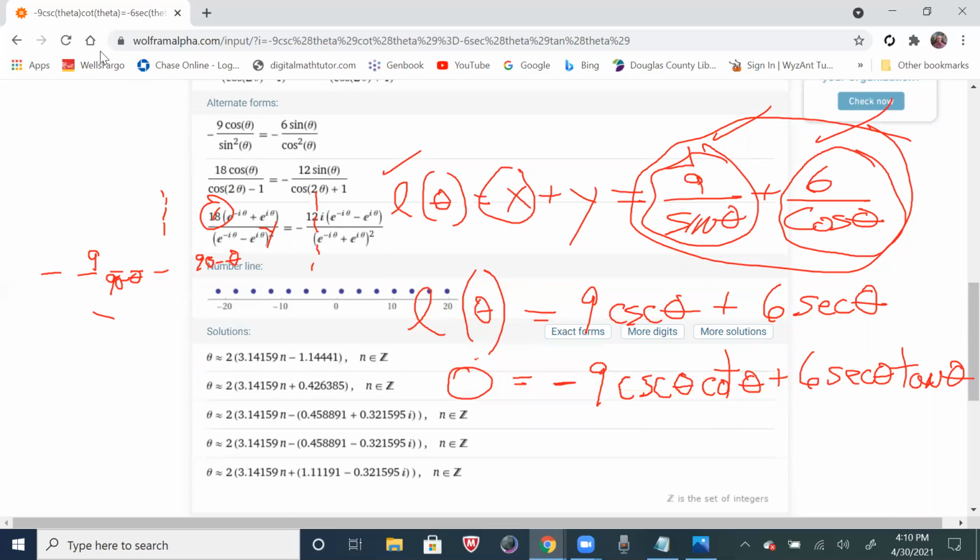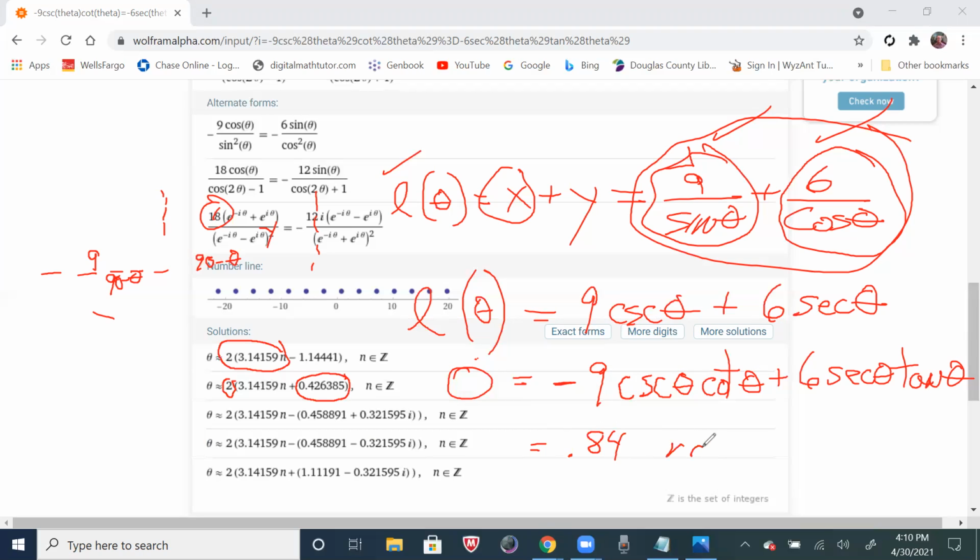Down here, in other words, there are multiple answers, all with 2 pi n. There's your 2 pi n right there. So the theta answer without the multiple looks to be 2 times that, 0.42, so that would basically be 0.84.